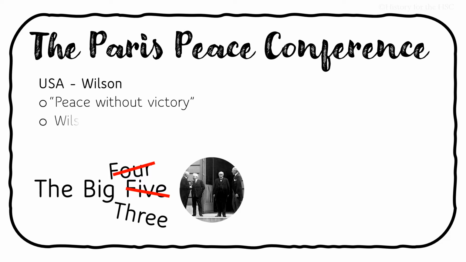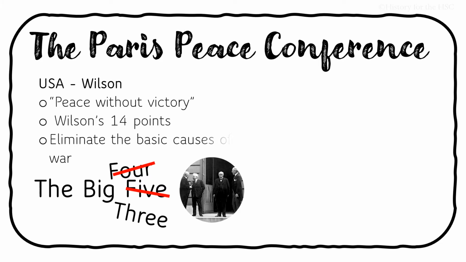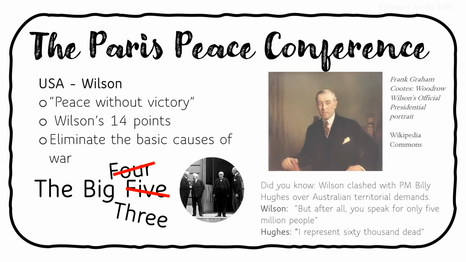These are described in Wilson's 14 points in detail. Now, beyond that, what Wilson is trying to accomplish is to eliminate the basic causes of war. If people don't need to go to war, then they won't go to war, and we won't have a repeat of World War I.